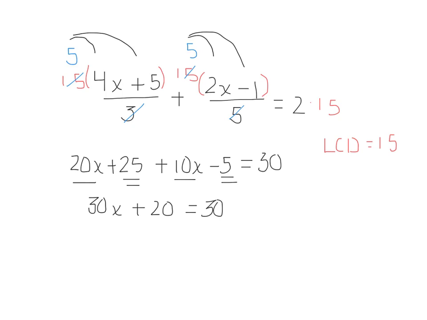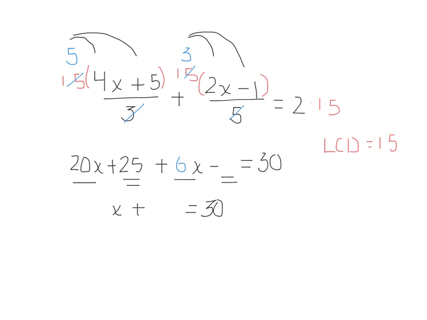Oh gosh, I can see I made another arithmetic error. 5 goes into 15 in my second fraction not 5 times. It goes in 3 times. So when I distribute the 3 to the 2x, I'm going to get not 10x, I'm going to get 6x.